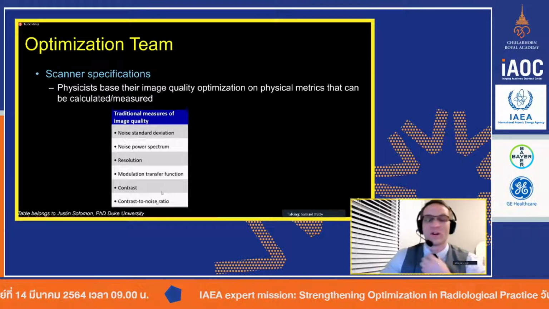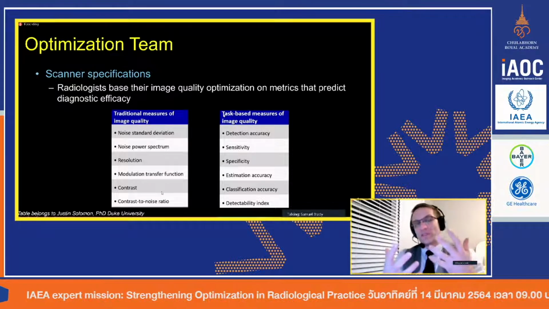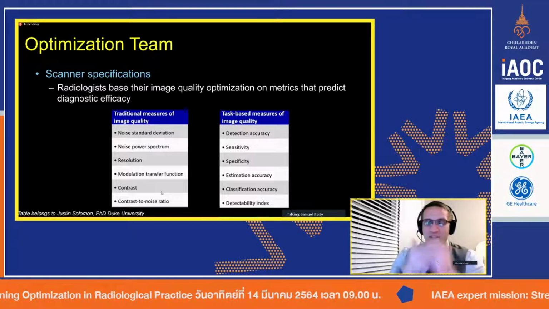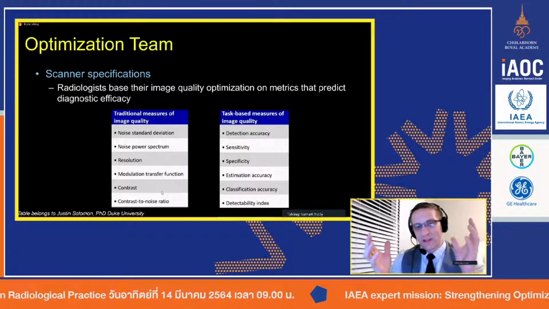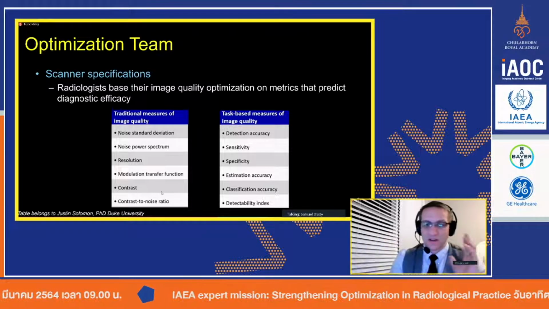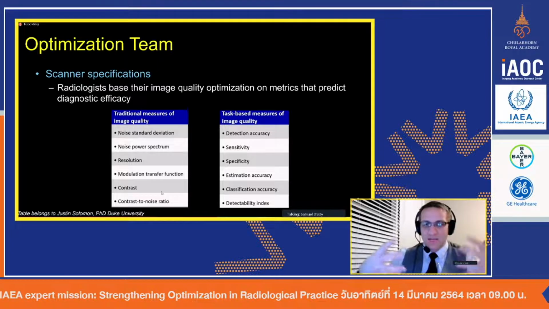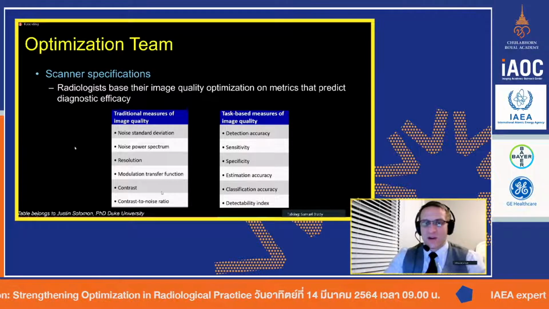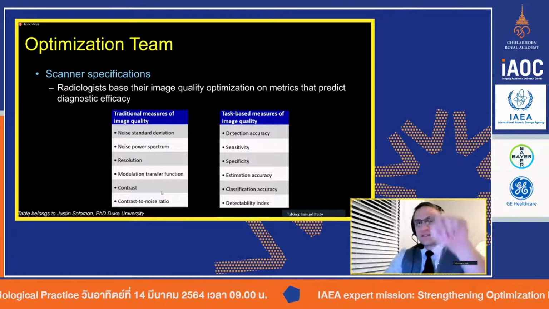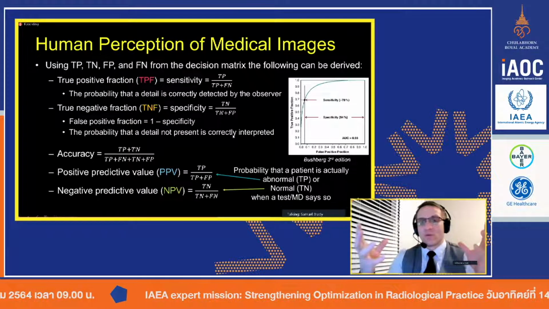The problem is, on the flip side of that, the radiologist that looks at these images and reviews them so that they can make a diagnosis, they are not thinking noise power spectrum. They're not thinking MTF. They're not thinking CNR. They're thinking detection accuracy, sensitivity, specificity, etc. And so we need to, as a team, draw connections to these, because I can go in and make these calculations, noise power spectrum, and I know that they will directly affect the detection accuracy of our radiologists. And so that's one of the main reasons why obviously we work as a team.